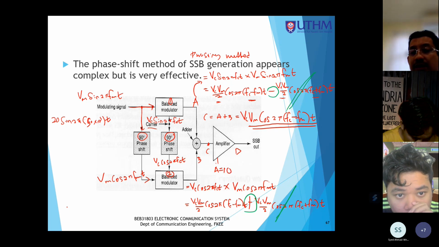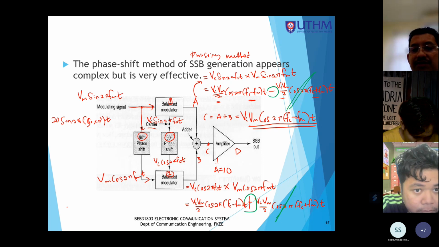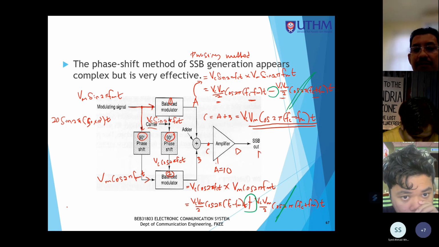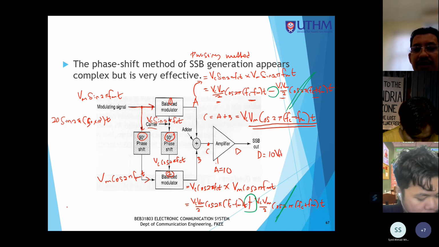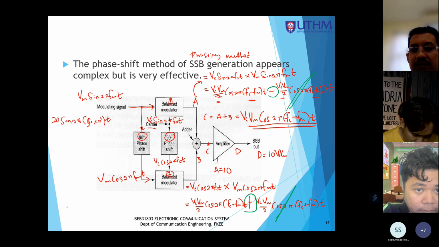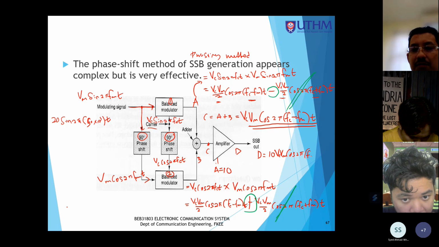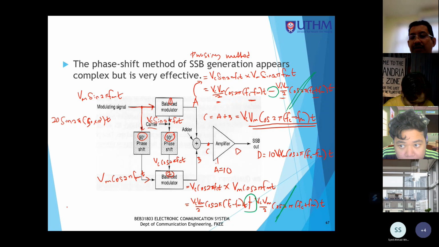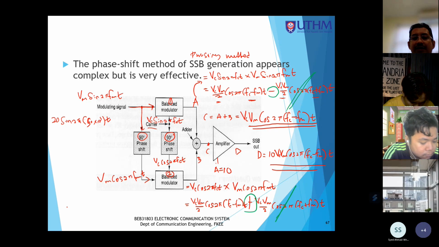So that means at point D, dia akan jadi 10 VC VM cos 2 pi Fc minus Fm T. Senang simple je ni sebenarnya, tak susah pun kita follow step by step dia macam mana.